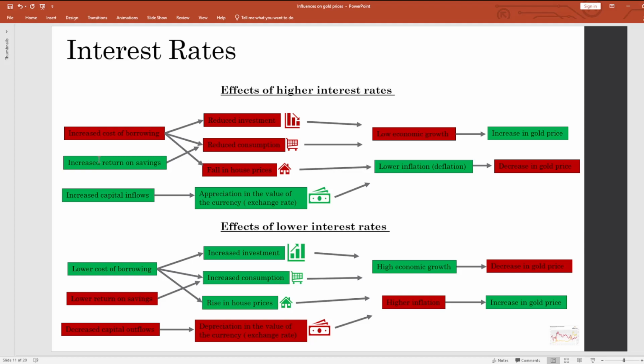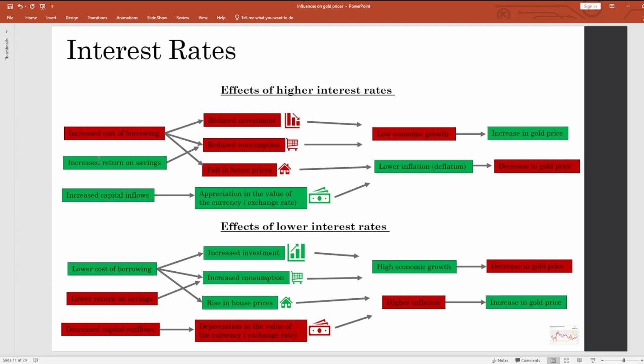So unfortunately, as a result of increased saving, which is a good thing, you have reduced consumption in the economy. Households are actually going to spend less money on goods and services, and that will translate into lower demand for goods and services in the whole economy, in the aggregate, and that will lead to lower prices.